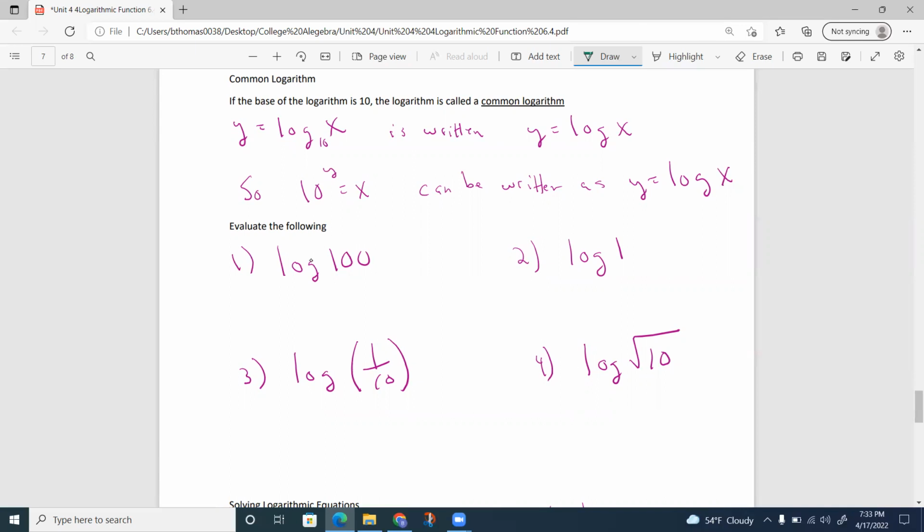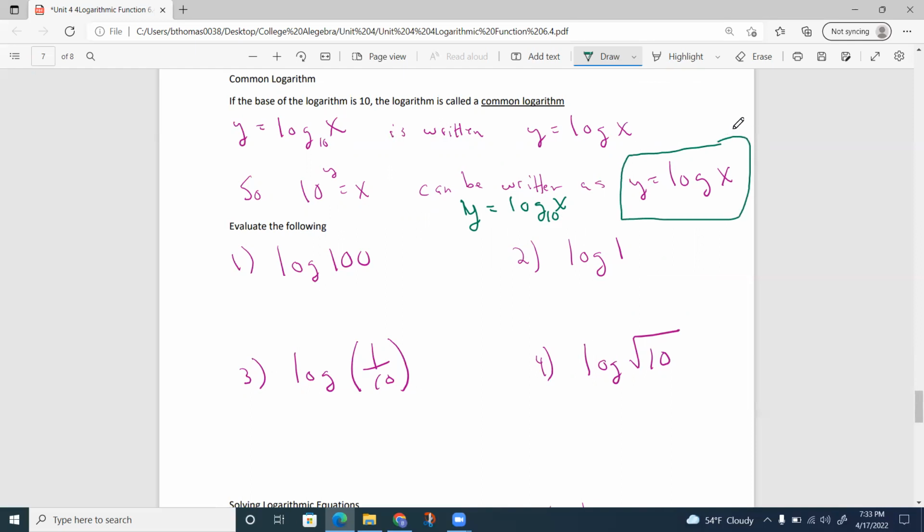Because notice how, if I want to write this in logarithmic form, it's going to be y equals, because the exponent goes on one side, and then that would be the log of x base 10, if I was changing that back. Because remember, the exponent becomes one side of the equation, and the 10's the base. We don't show it though, when it is a base 10, we leave it off.